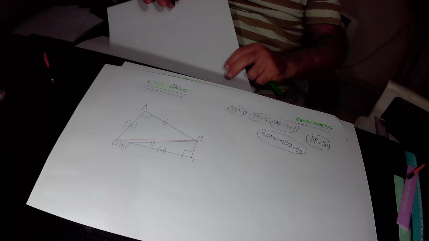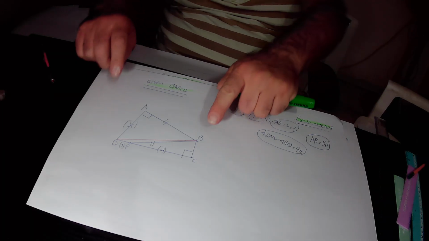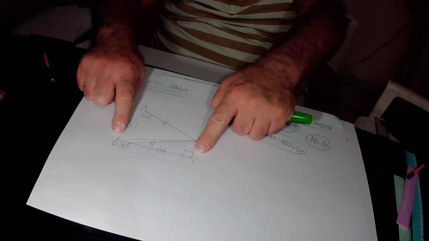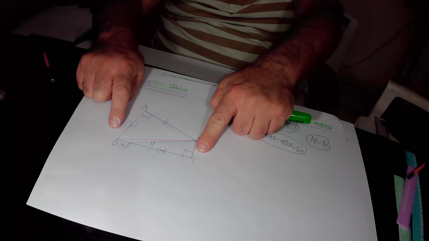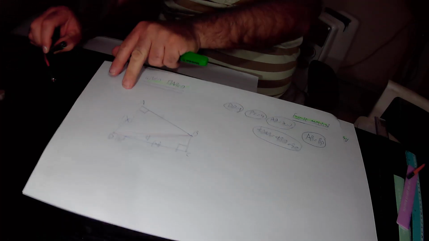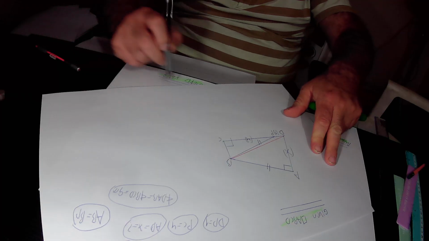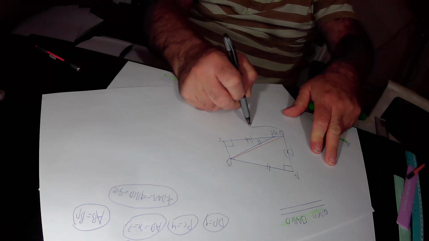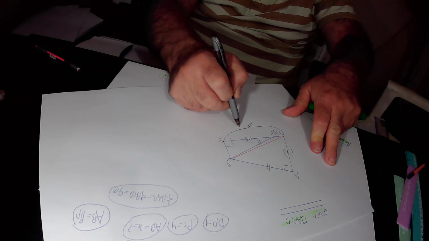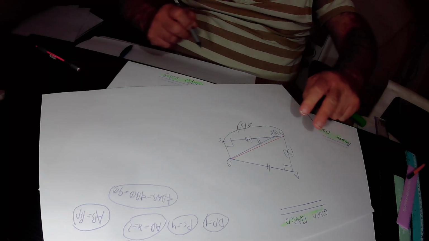According to what is given in the question, DC in total equals 1 plus 4, that is 5. So write it down: DC equals 5 units in length, according to what is given in the question.